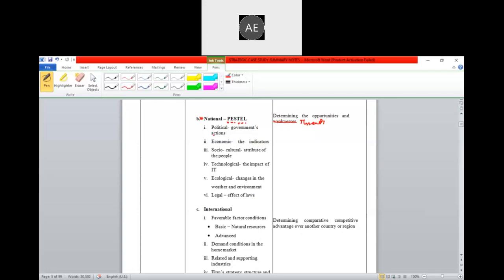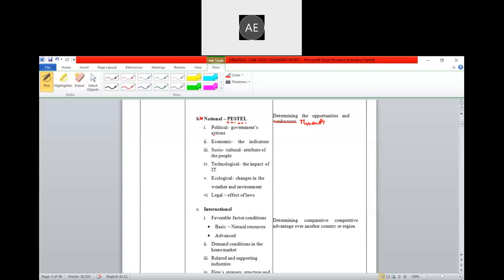So the first thing is: what are the decisions undertaken by the government of Ghana that may be an opportunity or that may threaten the organization? That is all. So when we want to undertake national environmental analysis, in effect, that company wants to know the opportunities and the threats that may help the organization achieve its objective or prevent it from achieving its objective.